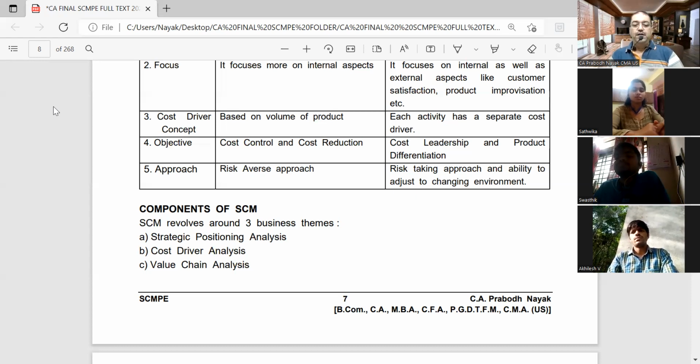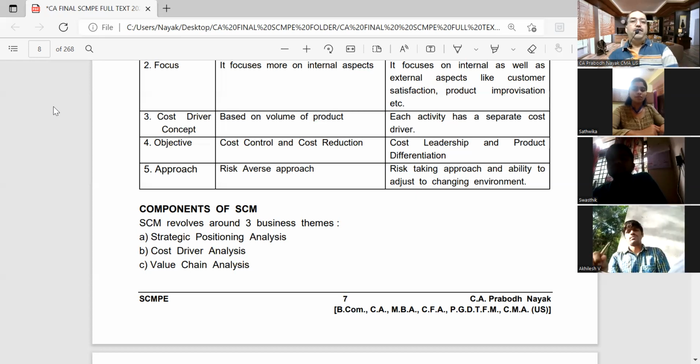First one, strategic positioning analysis means what is your strategic position in the entire industry? See, every company belongs to an industry. Either you belong to the manufacturing sector or you belong to the service sector. If you are belonging to the manufacturing sector, which sector you belong to?